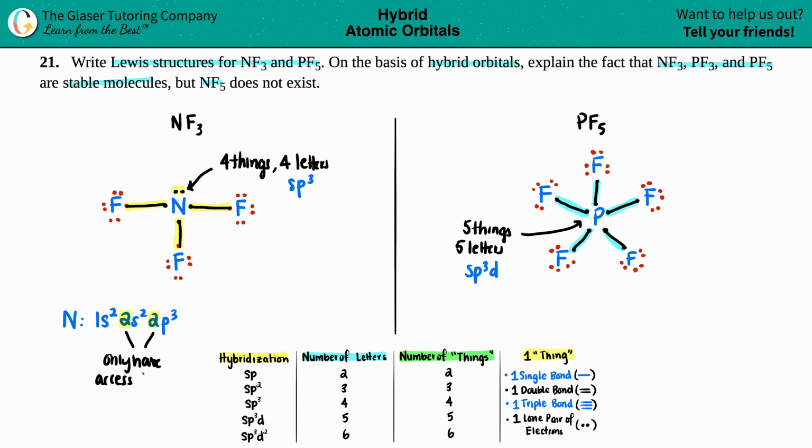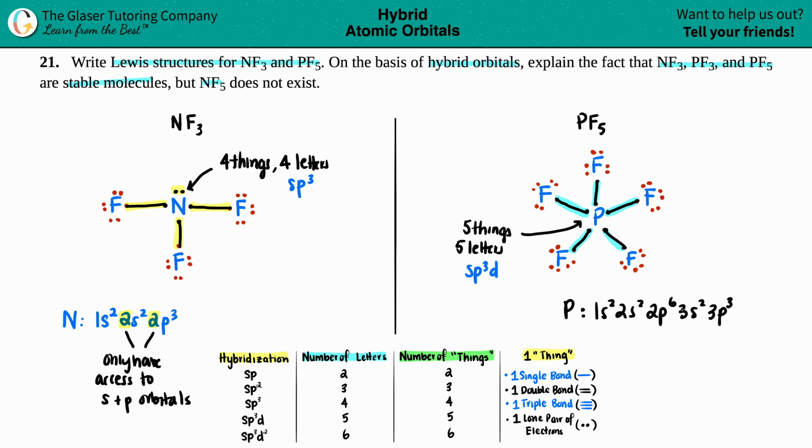to S and P orbitals, because you have access to the D orbitals only if your largest number is at least a 3. So if we look at the electron configuration of phosphorus, it's 1s2, 2s2, 2p6, 3s2, and 3p3.